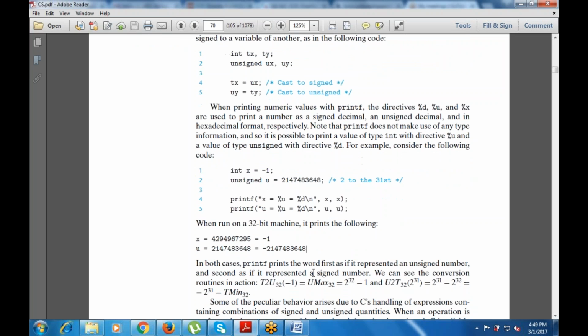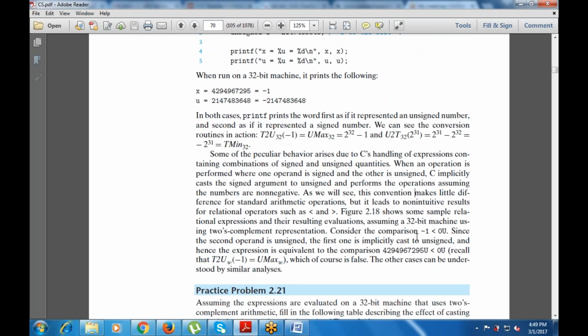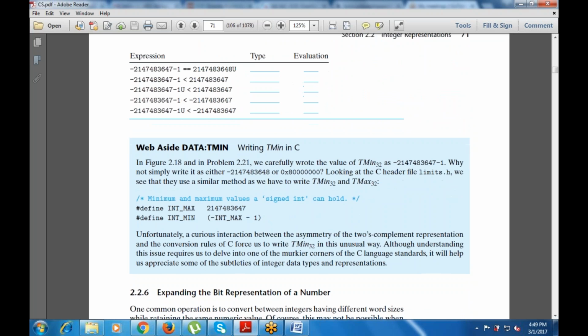In both cases, printf prints the first as an unsigned number and the second as a signed number. We can see the conversion routine in action, that is T to U, UMax 32, 2 power 32 minus 1. This is used with 2 power 32 or 31. Some of the behavior arises due to the C handling of expressions containing a combination of signed as well as unsigned quantities.